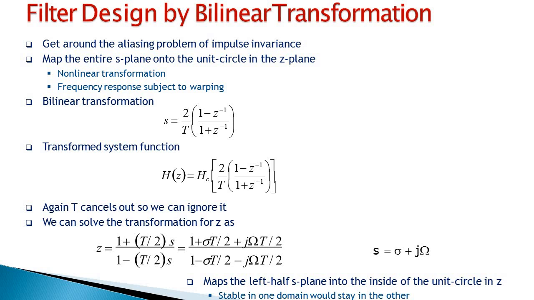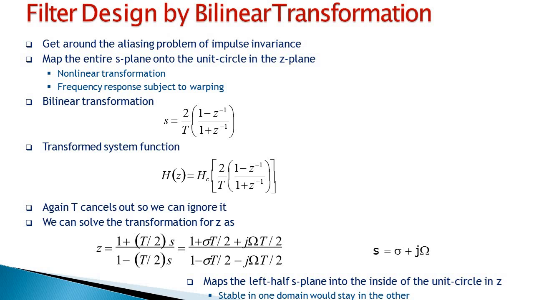Then, using bilinear transformation, as you know that the aliasing problem occurs in impulse invariance, so we are going to use the bilinear transformation method. It maps the entire S-plane onto the unit circle in the Z-plane. The transformation is non-linear and the frequency response is subject to warping.